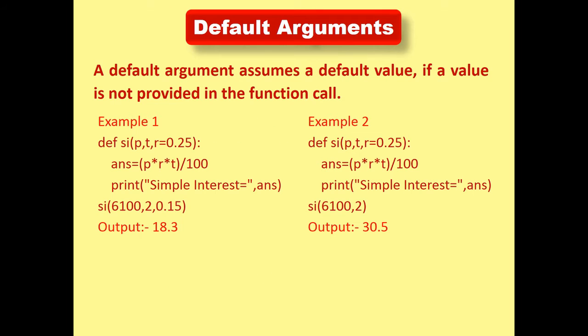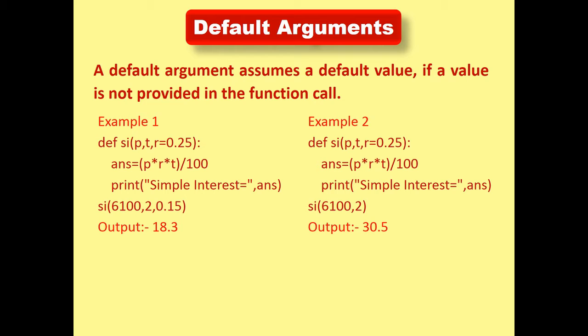My dear students, the next type of argument is the default argument. A default argument assumes a default value if a value is not provided in the function call. As per example number 1, the default value is R is equal to 0.25.